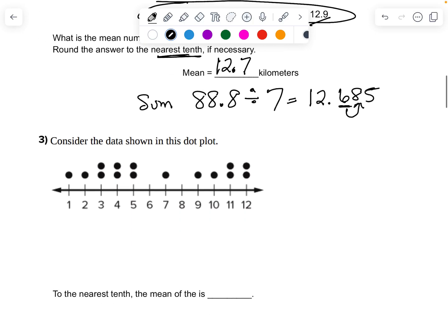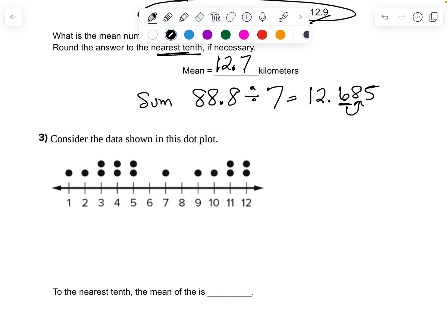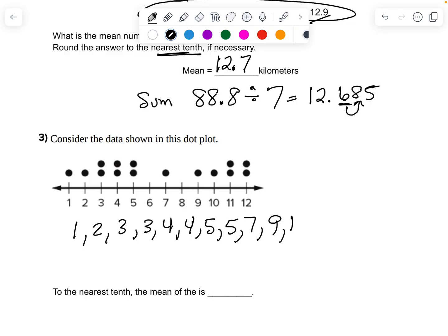Number 3 was the same, except now your data was on a dot plot. So you had to get this data off of the dot plot by listing it. That's the easiest way. So we had 2 3s, 2 4s, 2 5s, a 7, a 9, a 10, 2 11s, and 2 12s. And then you had to find the sum of all that data.